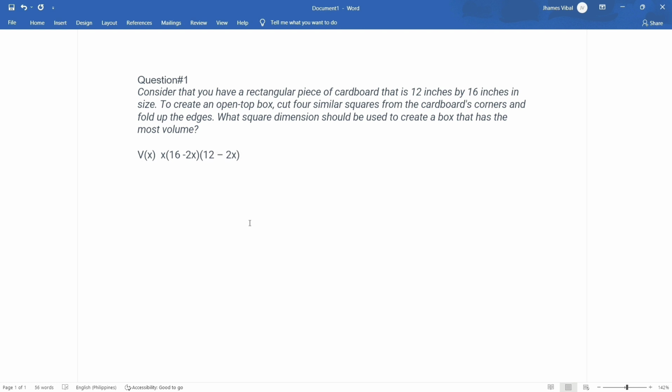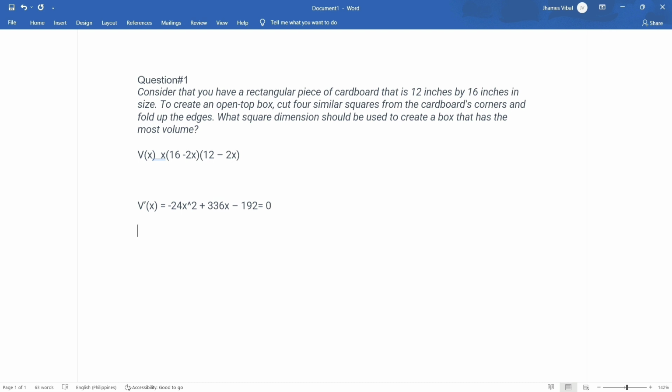Step 4. Find the critical points. We can find the critical points of V(x) by taking its derivative and setting it equal to 0. The first derivative of V(x) is V'(x) = -24x^2 + 336x - 192 = 0.